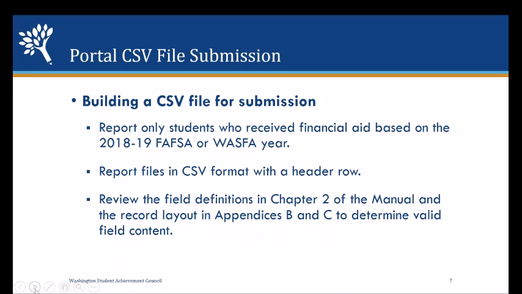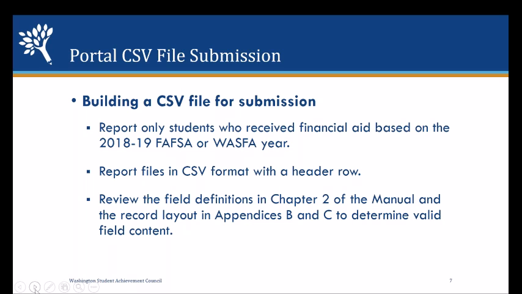We do use CSV files for submission, and we want you to report only students who received financial aid based on the 2018-19 FAFSA or WASFA year. You need to report files in the CSV format with a header row. If it doesn't have the header row, you won't be able to upload your file.